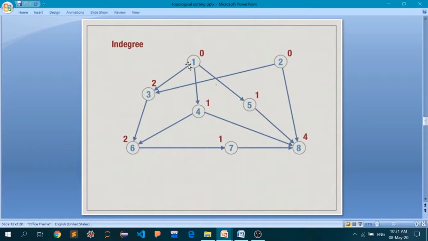Let me remind you again that we are calculating the in-degree, not the simple degree. So only those edges will be counted as 1 which are coming inside the particular vertex. For this particular node or vertex, we have no edges coming inside, so the complete column will be 0 practically. So the in-degree will remain 0.